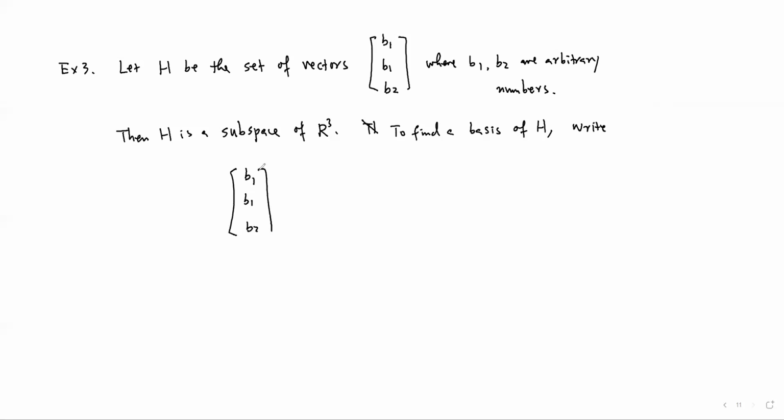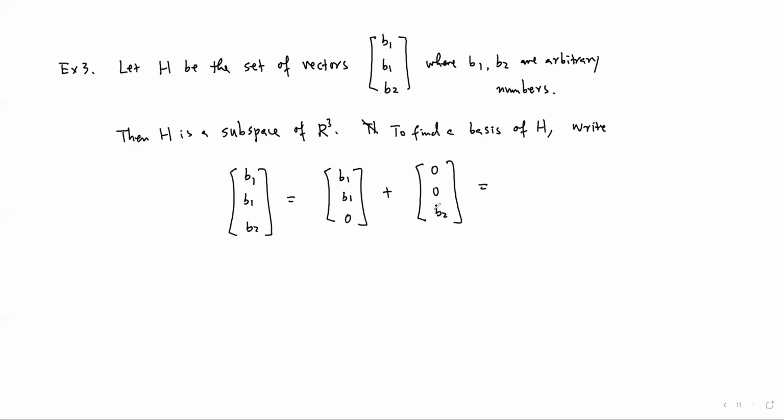Let me split the vector into this sum. The right side is a sum of two vectors. Add the corresponding entries, then I have the left side.